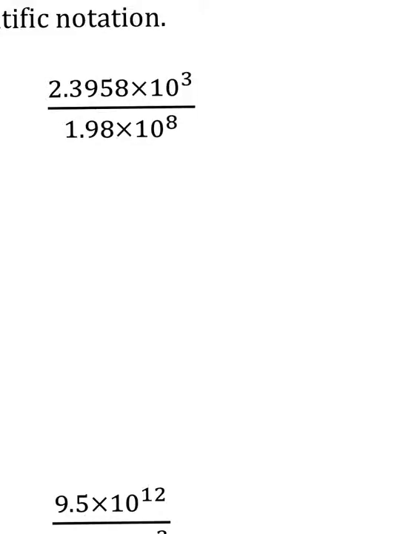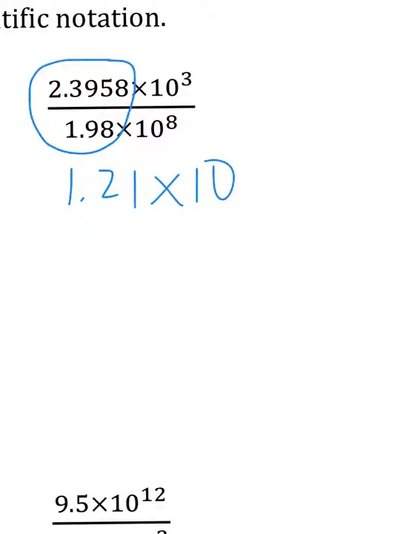We have 2.3958 times 10 to the 3rd divided by 1.98 times 10 to the 8th. Let's look at our coefficients. We'll do 2.3958 divided by 1.98 in our calculator, which gives us 1.21 times 10 to, let's see, well, we have 10 to the 3rd divided by 10 to the 8th.